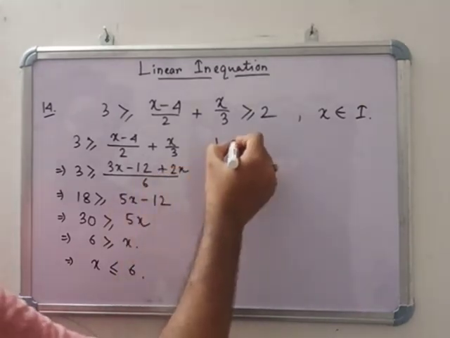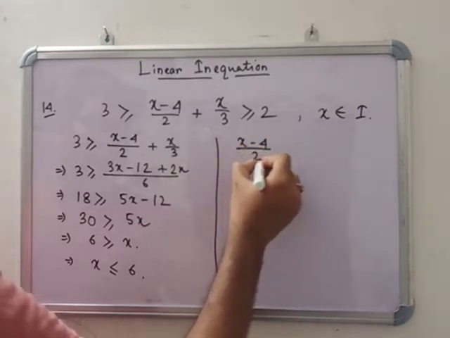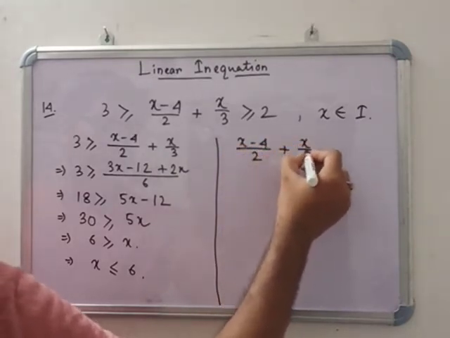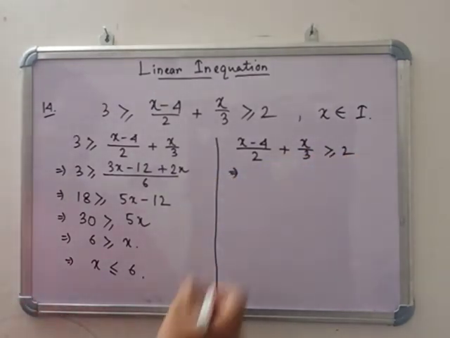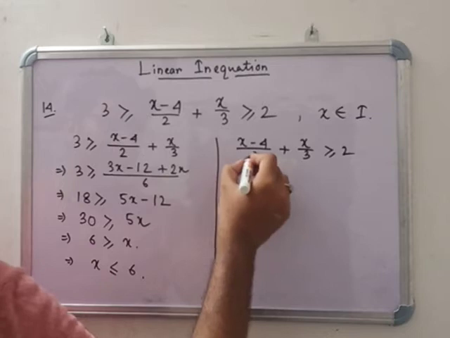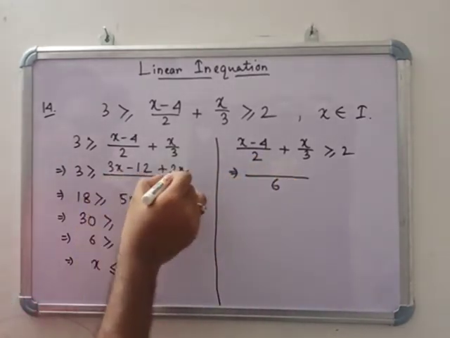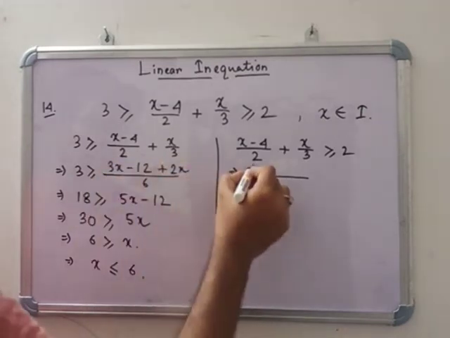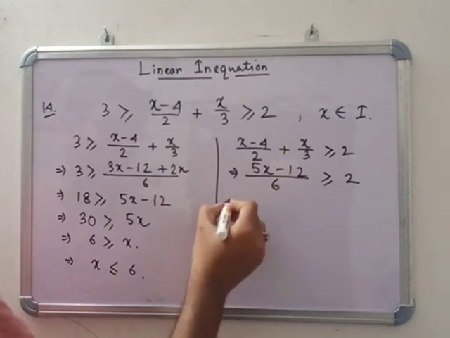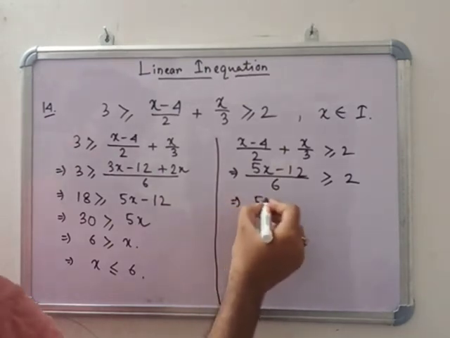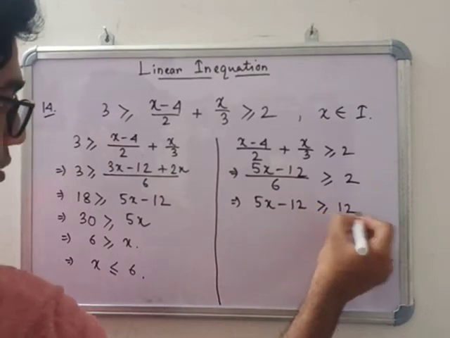For the next part, see that (x minus 4)/2 plus x/3 is greater than or equal to 2. This is given. So see that x minus 4, same thing, this is 6, and similarly the calculation is the same. So this is 5x minus 12, 2. Okay, so that means 5x minus 12, and this is 12.